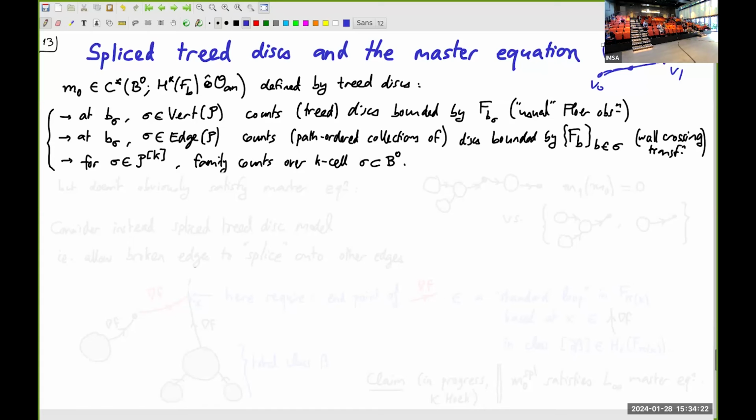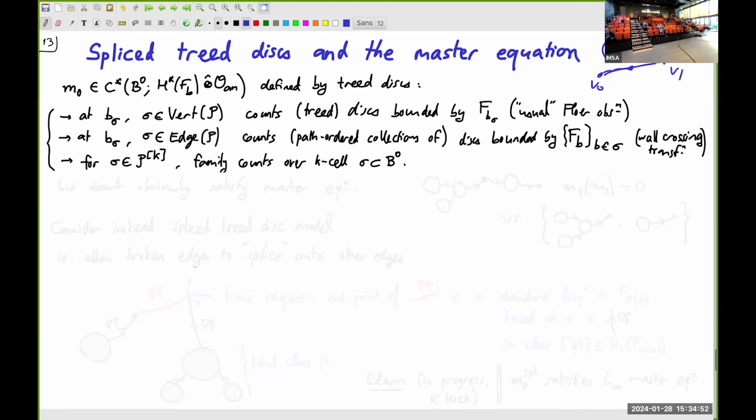So this is not drawn the right way. Anyway, something like that. And so this means really this will be a family count of holomorphic disks encountered along the edge. And similarly over higher dimensional cells, these are family counts of holomorphic disks that happen wherever they want inside that cell of B0, treed over the Morse flow trees of the Morse function we chose.